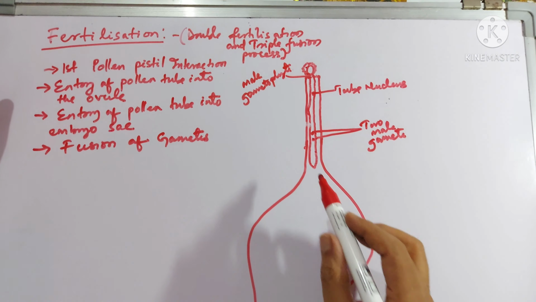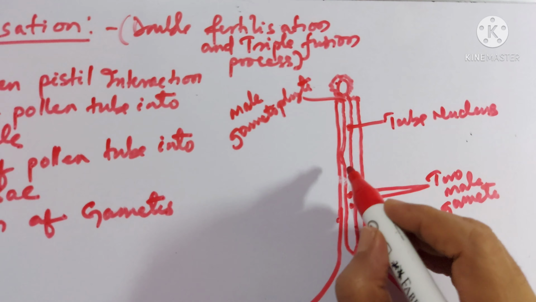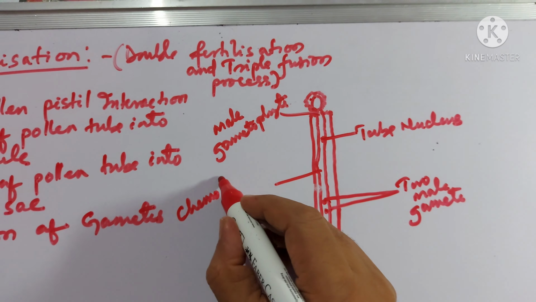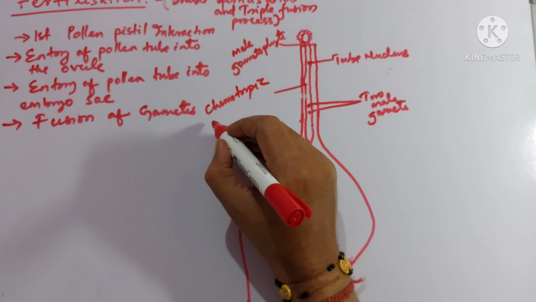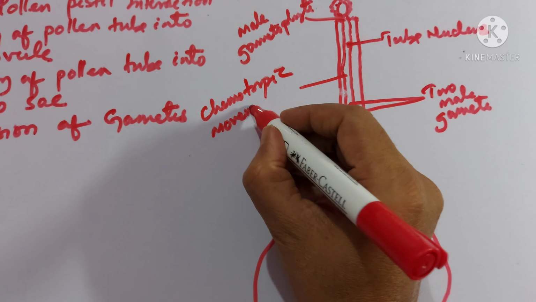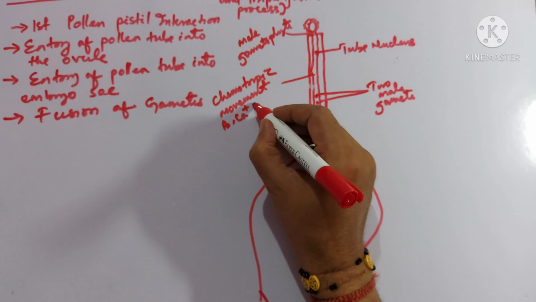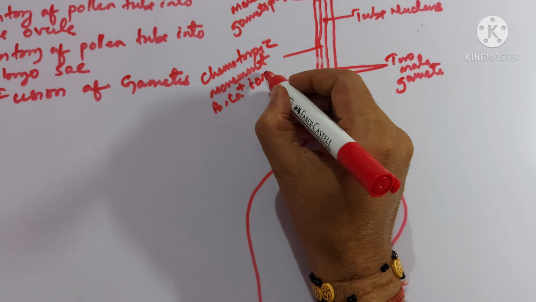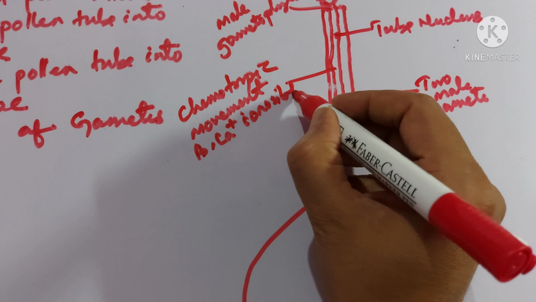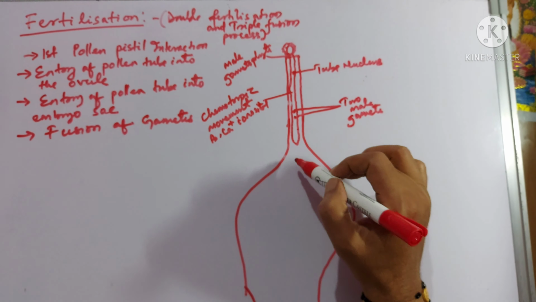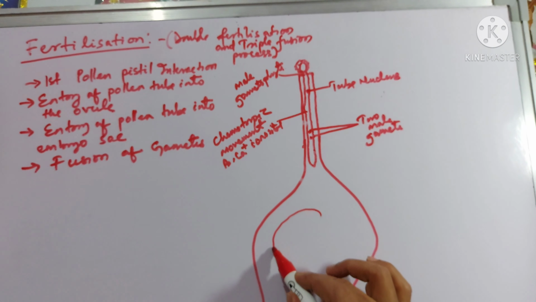Gradually movement occurs because of chemotropic movement, because boron and calcium ions are the chemical substances which drag the pollen tube towards the ovule.